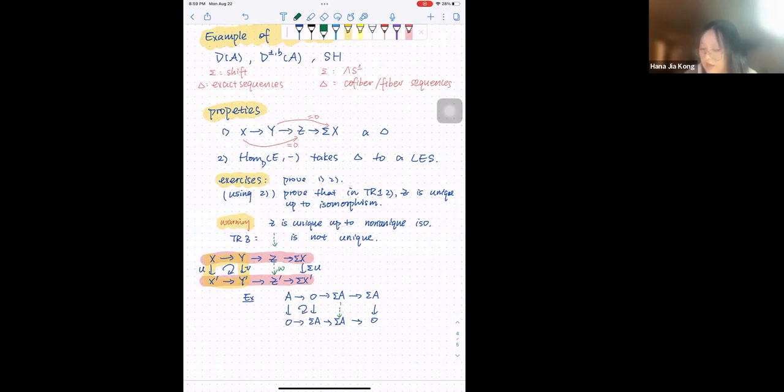So this is an example showing you that in the third axiom, this vertical map W is not necessarily unique. And this is why it's called weak functoriality. You don't have this uniqueness, and this is something bad about triangulated categories.